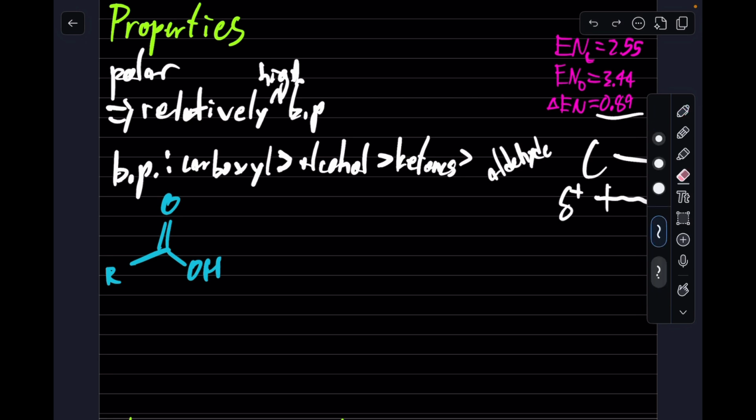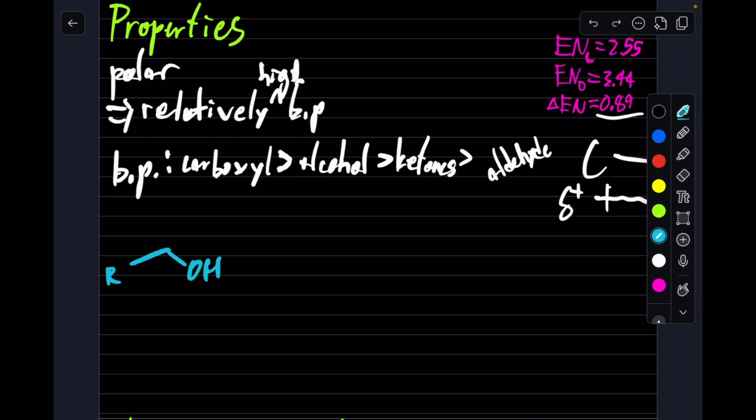Now, alcohols are a little weaker because they don't have that carbonyl that carboxyl groups have. So they only have this generating their dipole and providing hydrogen bonds.